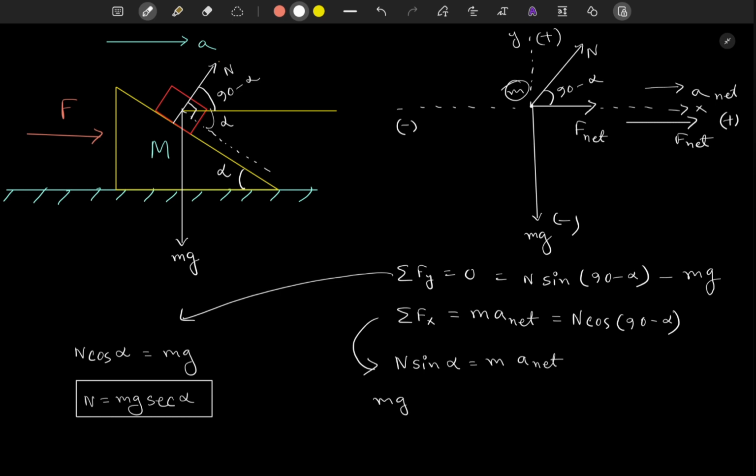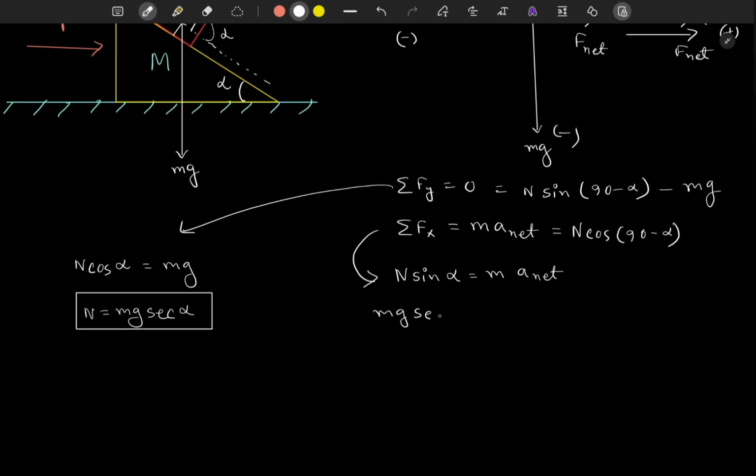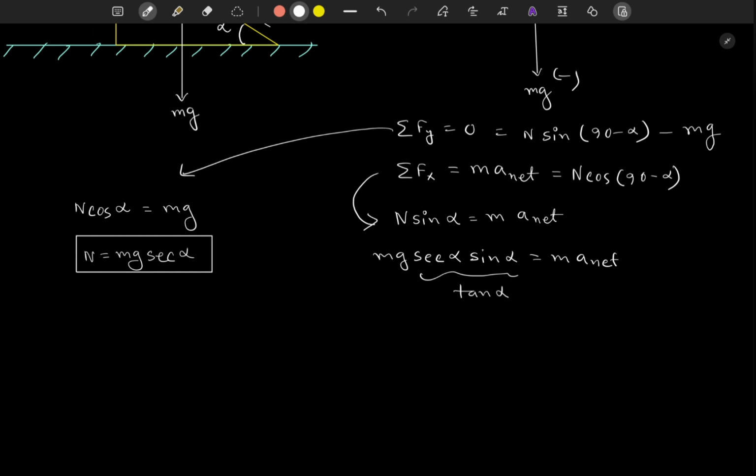So mg sec alpha sin alpha is equal to m a net. This will be equal to tan alpha, and we can cancel out the m's, and we will find that a net is equal to g tan alpha.